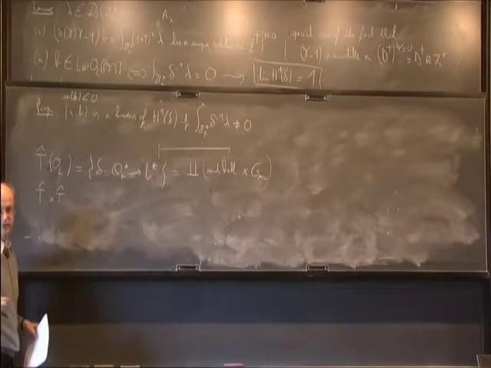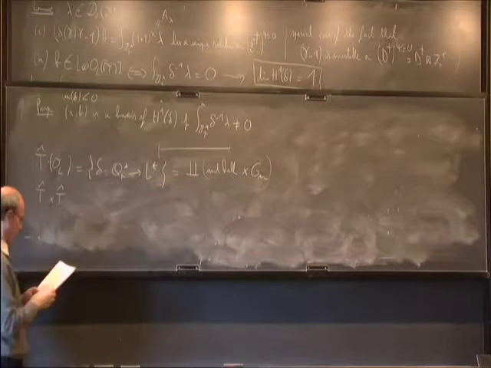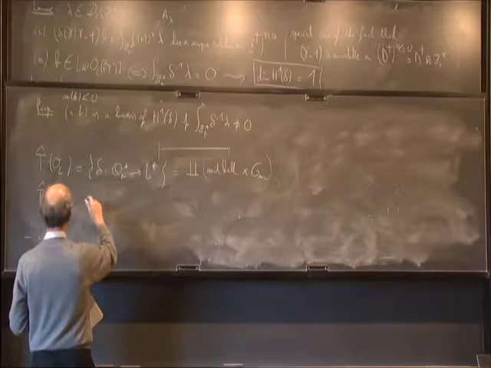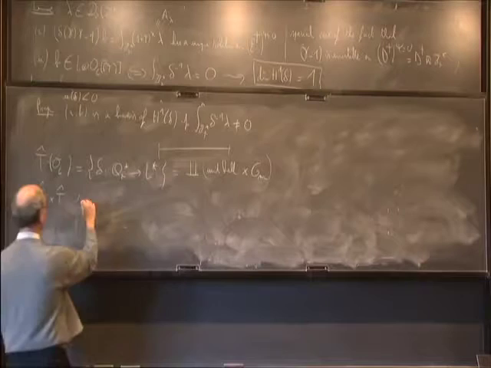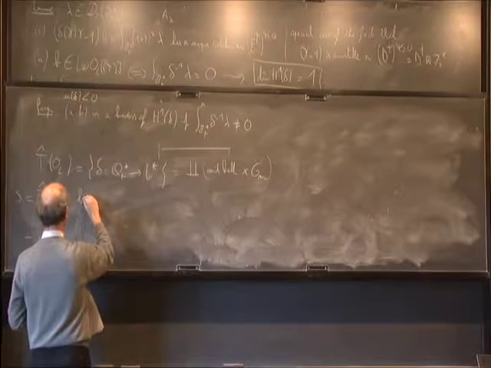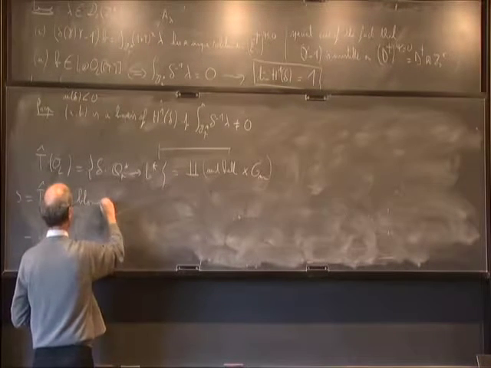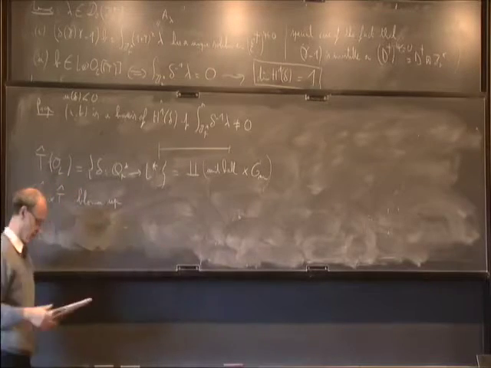So you take two characters, and then you blow it up. So S is going to be T hat cross T hat, but blown up at some sub-varieties.